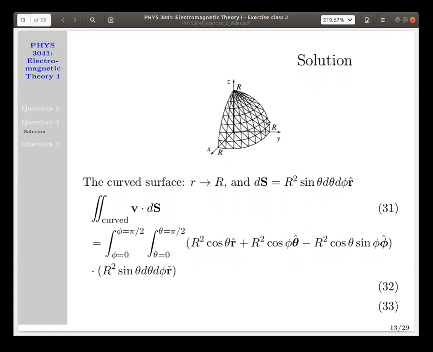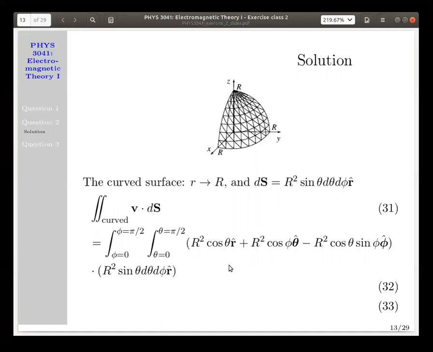Over this curved surface, r is fixed to be capital R, and dS is R squared sine theta d theta d phi R hat. Over the curved surface, the normal vector is pointing outward from the origin, so the unit normal vector will be R hat. Then we perform the dot product between the vector field and dS.